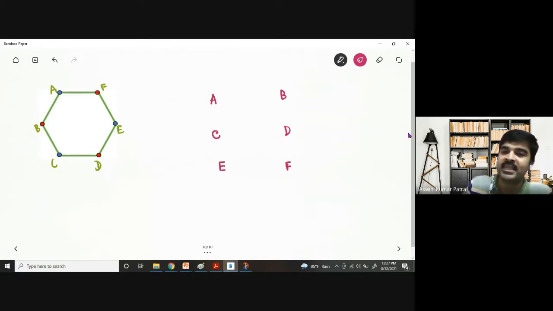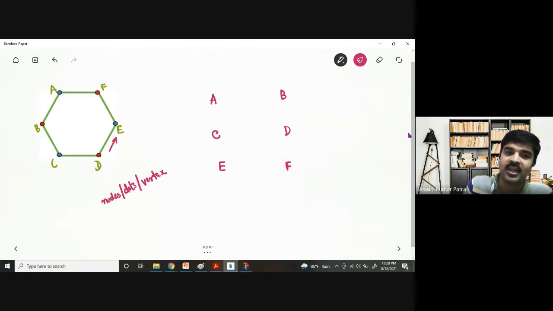So a bipartite graph is a graph which has two independent sets of dots or nodes. We can call A, B, C, D, F nodes or dots or vertices, these are synonyms.